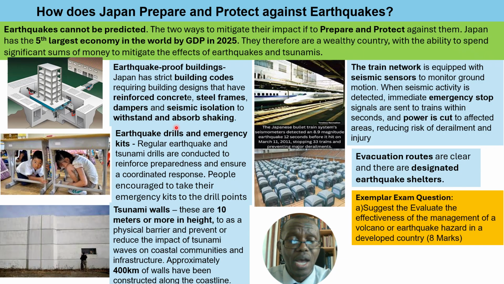And also, when arguing this question, you're comparing Japan to either Haiti or Nepal. So in so doing, you have a lot of comparison to make. You're making counter arguments against these ways that have been used to protect the country against earthquakes and tsunamis.